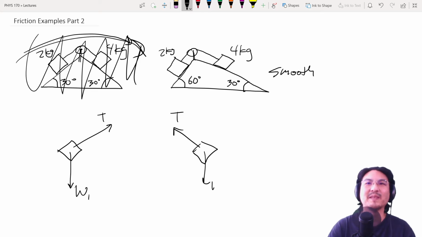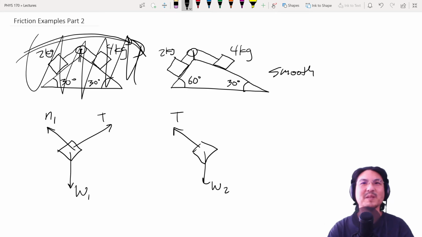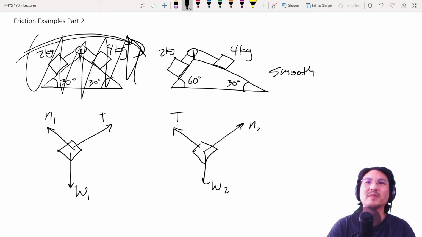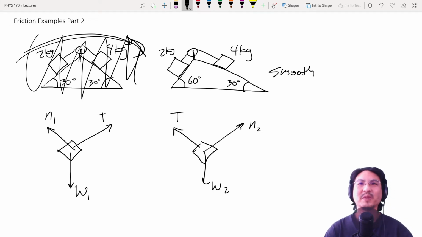This one has weight too. And then there's a normal force, normal to the ramp here. I'll call it N1. I'll call the one on the left 1 and the one on the right 2. Normal force. And it's smooth, so there's no friction. So we're done. We should all have the same free body diagrams.